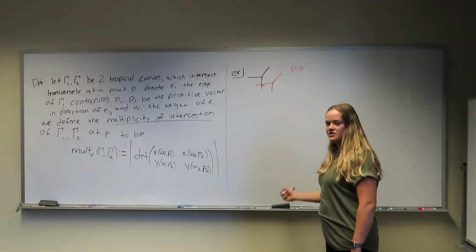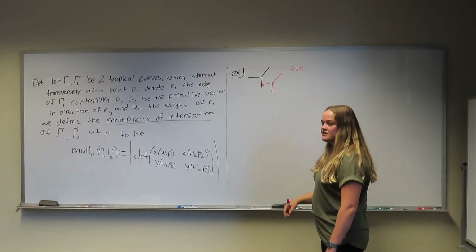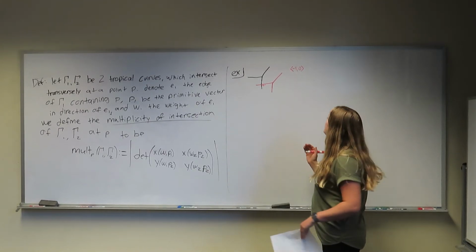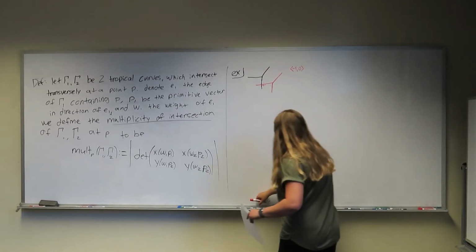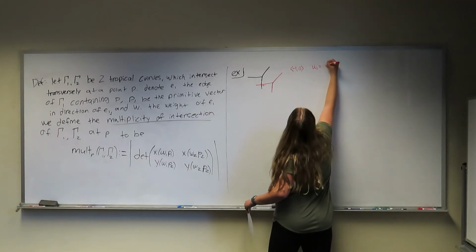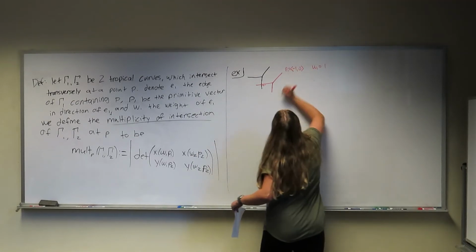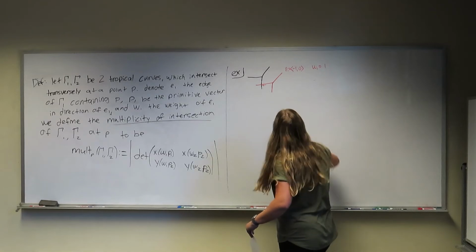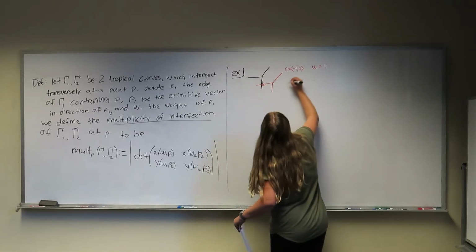And we saw earlier that the weight of all the sides of the line are 1. So we know that the weight of that one is 1. This is P1. And then for the second one, go this way.